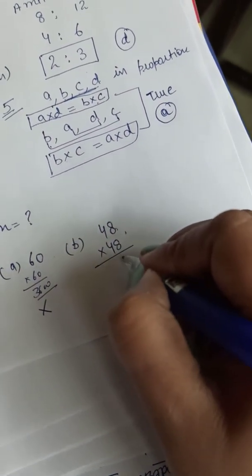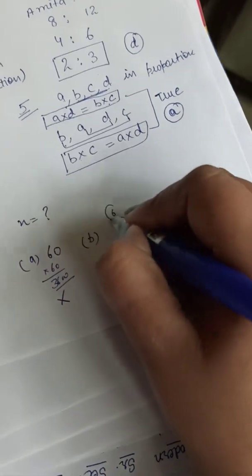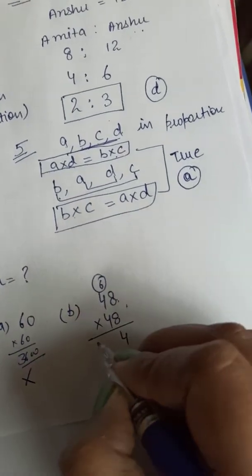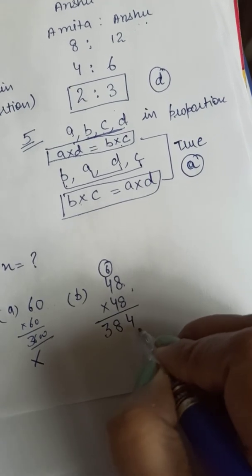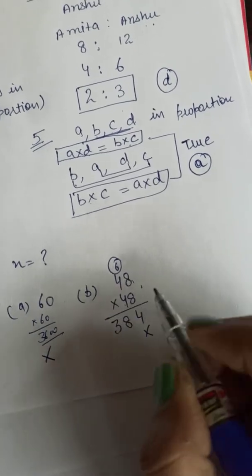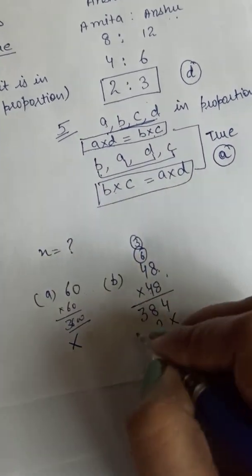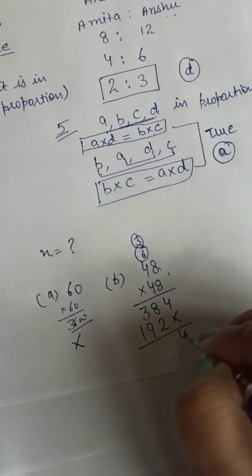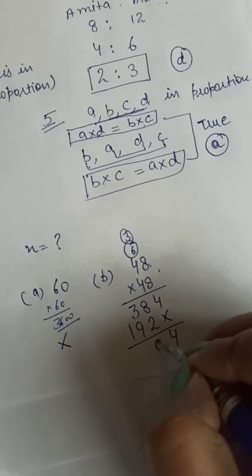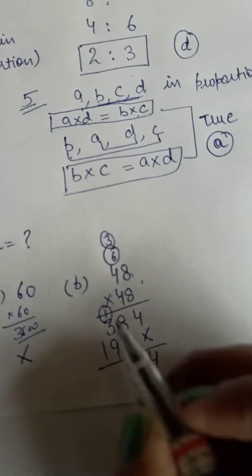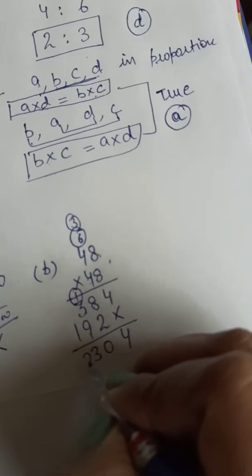8 8s are 64. 4 will come here, 6 carry. 8 4s are 32. 32 plus 6, 38. Cross. 4 8s are 32. 3 4 4s are 16 plus 3, 19. 4 8s plus 2, 10. 1 carry. 9 plus 3, 12 and 1, 13 and this.